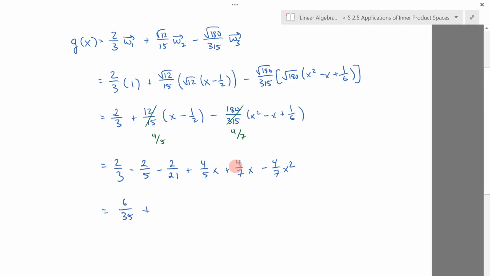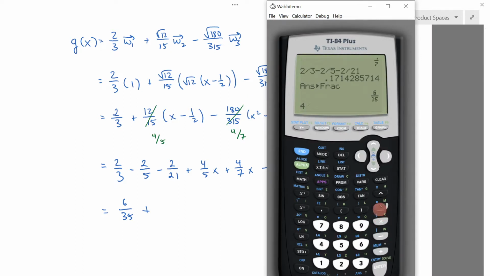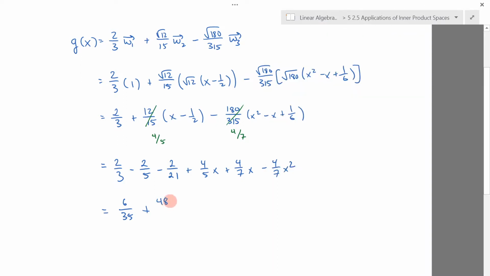So that's the constant, and then 4/5 plus 4/7 x. As a fraction, it's 48 over 35. And then minus 4/7 x squared. Okay, so that's what we get as our function g of x.